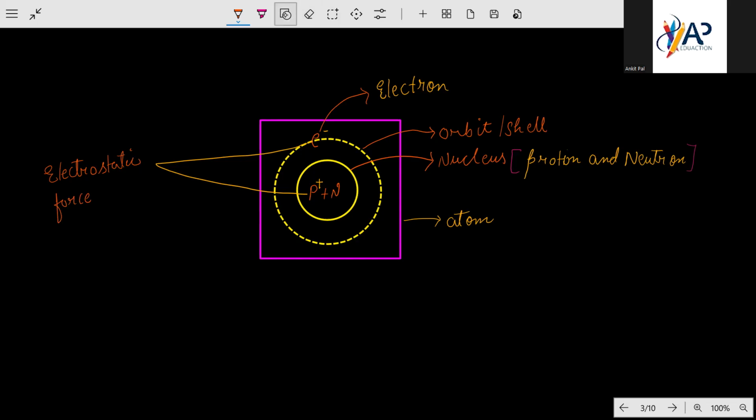Electrostatic force is the force which acts between two charges, right?